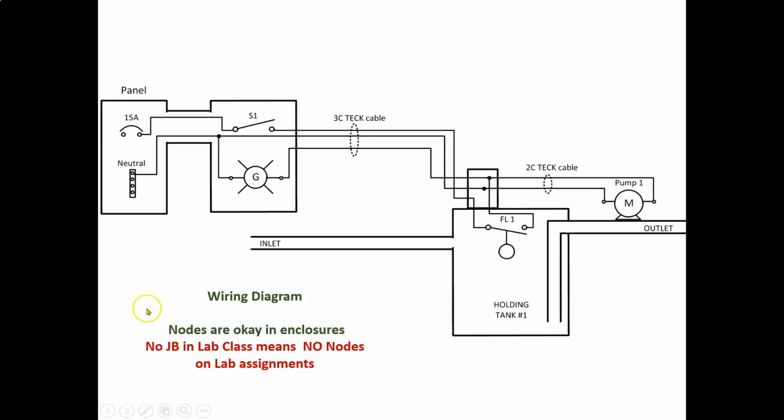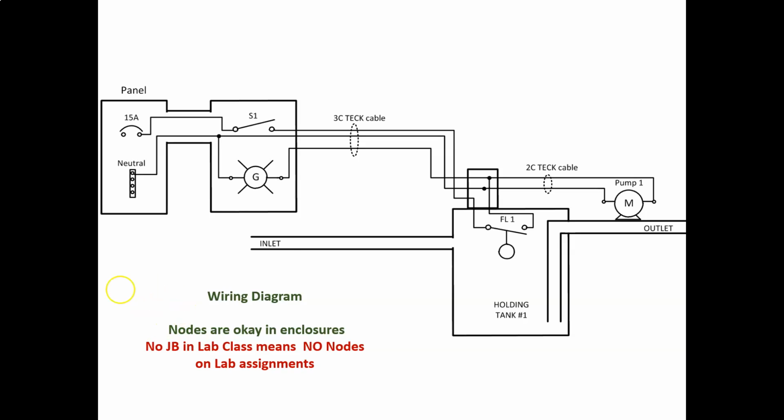So we never usually show nodes on a wiring diagram unless, okay, we can see that inside of this panel, inside of this device here, this enclosure, they're showing an internal splice, which you wouldn't be doing. It's already built into that system. So usually we never show a wiring diagram with a node, because that means that you've cut the conductors in class, and we're not going to be doing that.